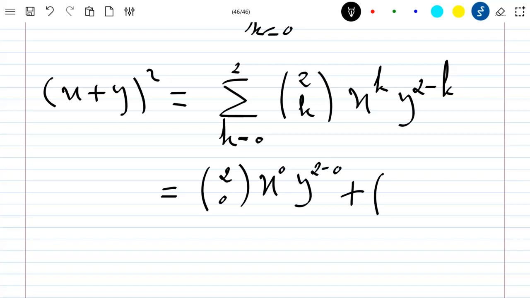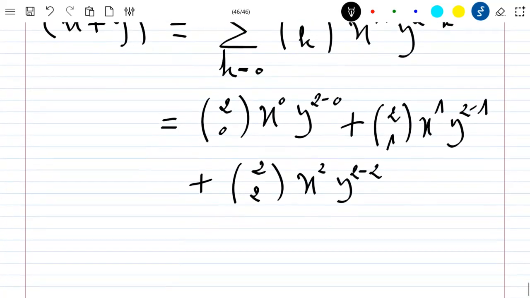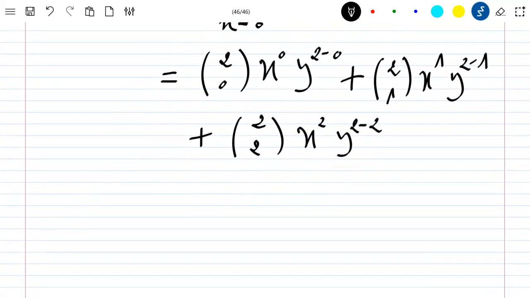For k equal to 1 now, we have 2 choose 1, x power k, which is 1, and y power 2 minus k, which is 1, plus the last term, which is 2 choose 2, x power k, which is 2, y power 2 minus k, which is 2.